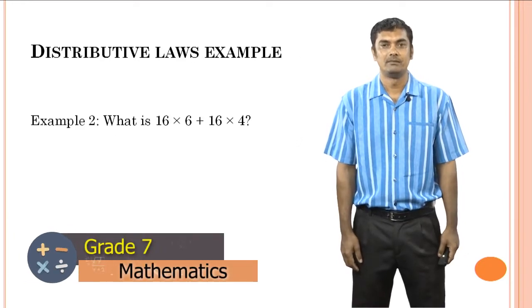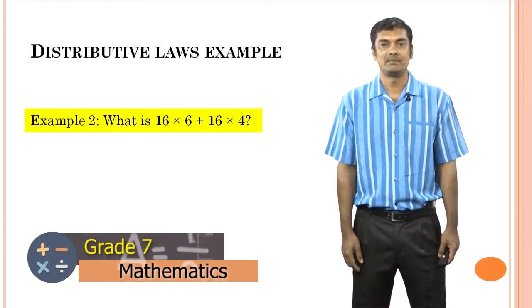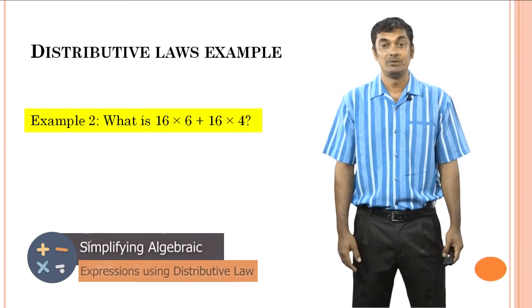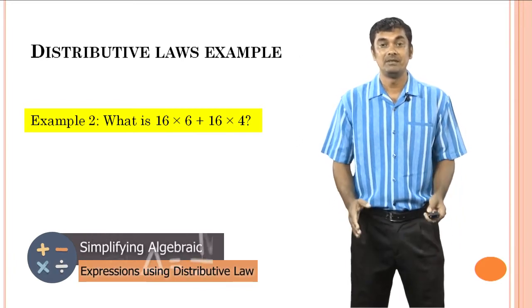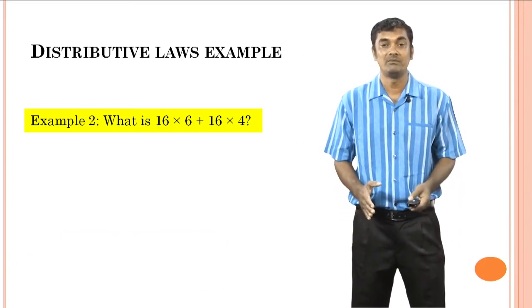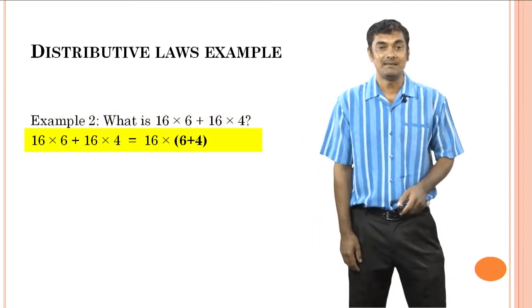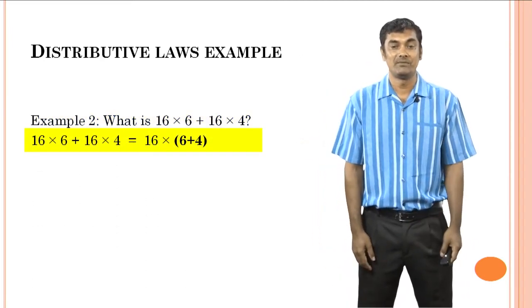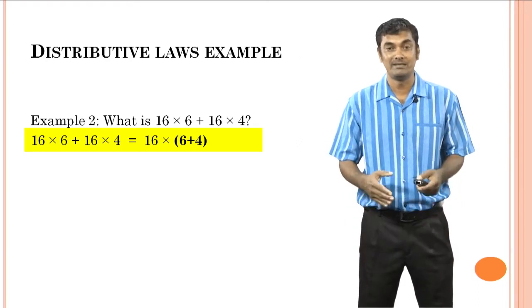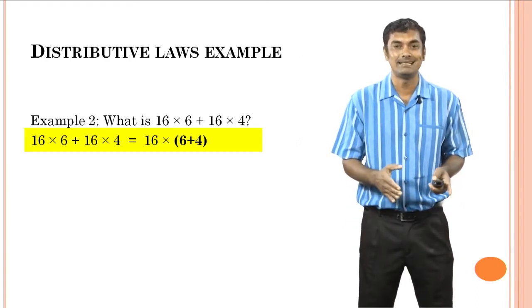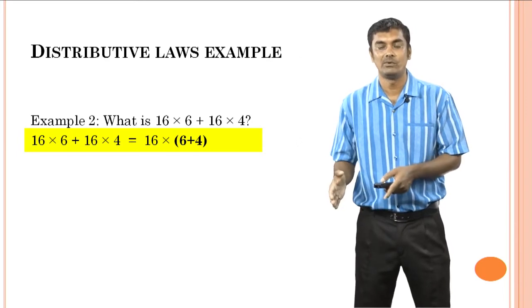Another example, what is 16 times 6 plus 16 times 4? You would have seen in that example, there is a common factor, and that common factor is 16. Now, 16 times 6 plus 16 times 4 can be represented when we take out that factor as 16 times (6 plus 4).